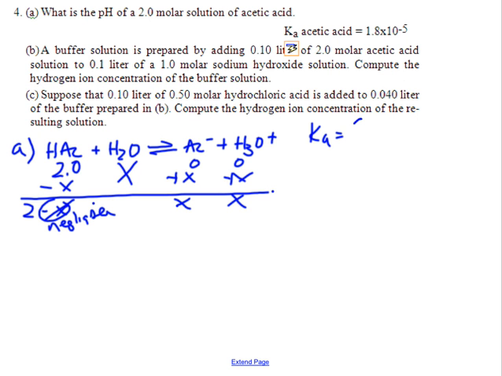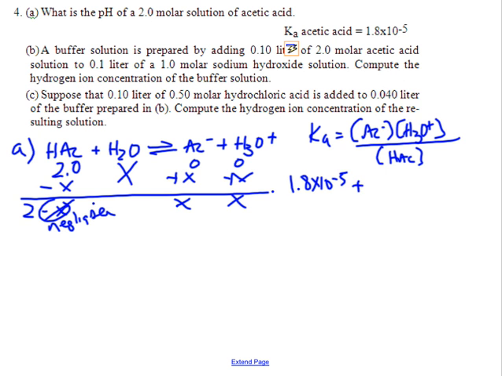So my Ka, which is equal to AC minus times H3O plus divided by the HAC concentration, is equal to 1.8 times 10 to the negative fifth, and that's x squared over 2. X is equal to H plus, what? 0.006, can I get a second on that? 0.00600.